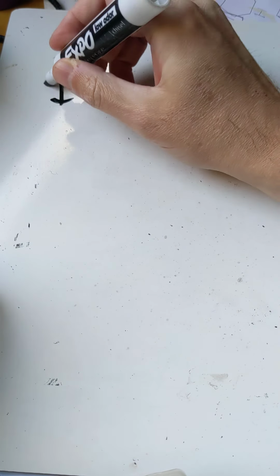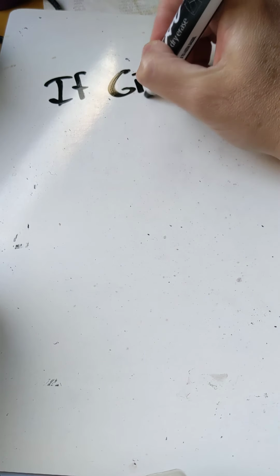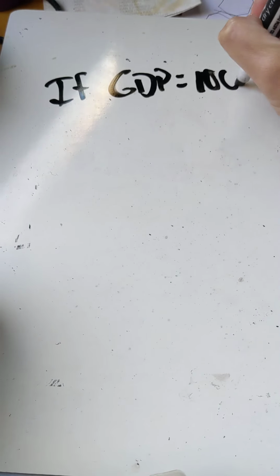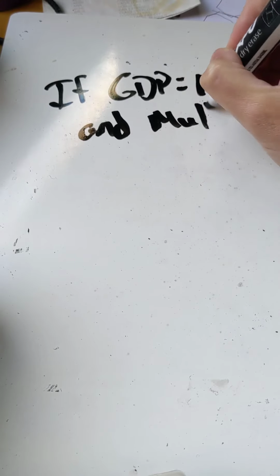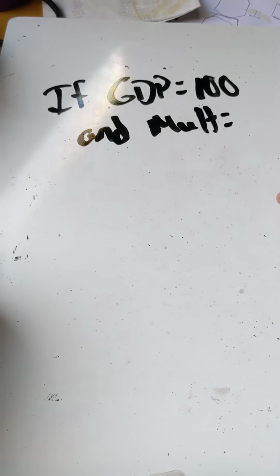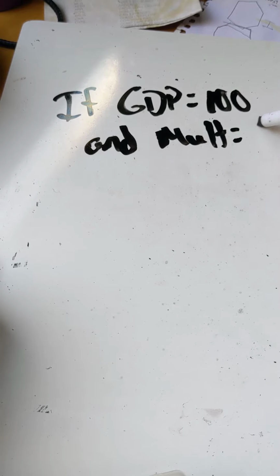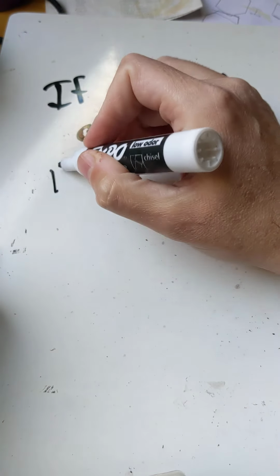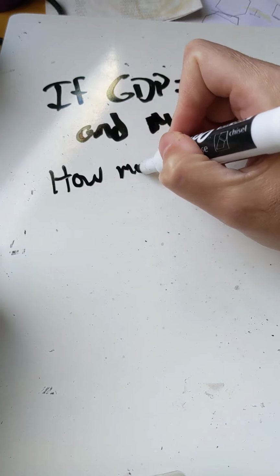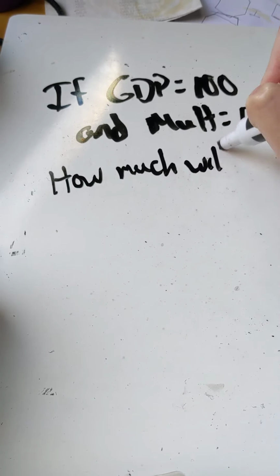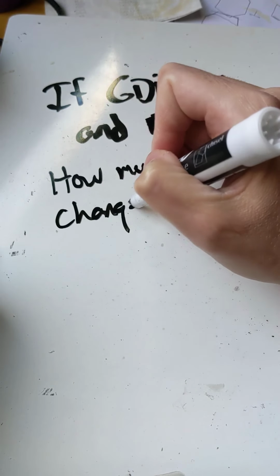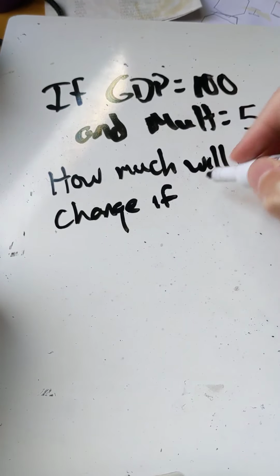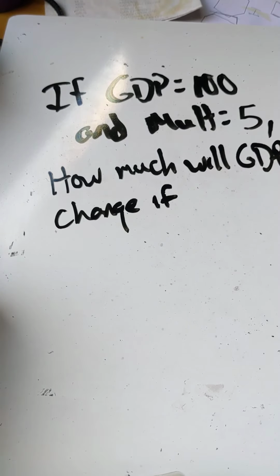For an example, if GDP equals 100 and the multiplier is, we'll say, 5, how much will GDP change if we increase consumption, investment, or government expenditures?